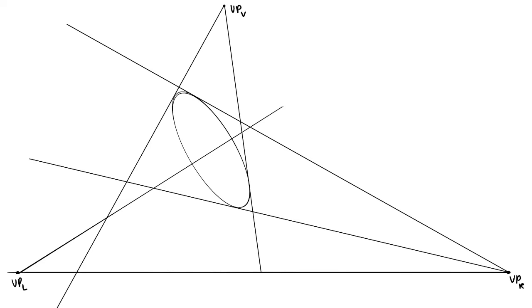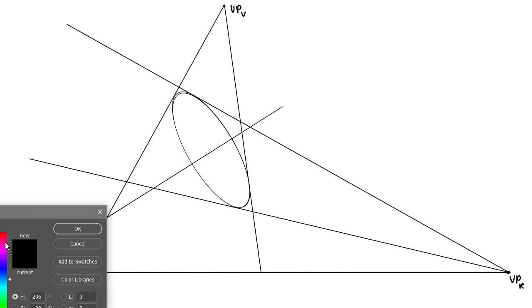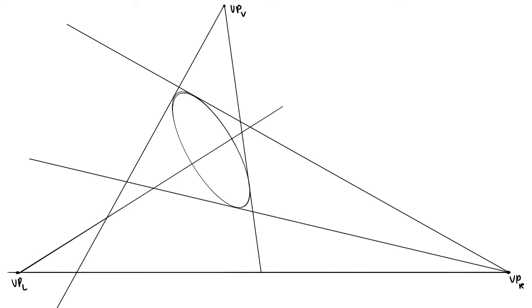And the only other thing that could be wrong is if we look at the specific points at which this ellipse touches the top and bottom edges of this plane, are they aligning to the vertical vanishing point? And they very clearly are not. If you were to draw a line through them, you would see that they go off in this direction.